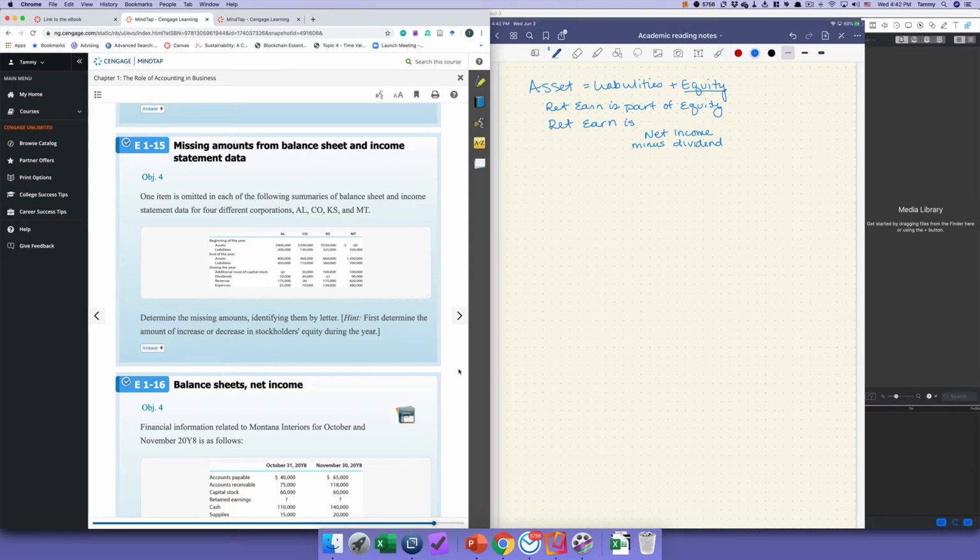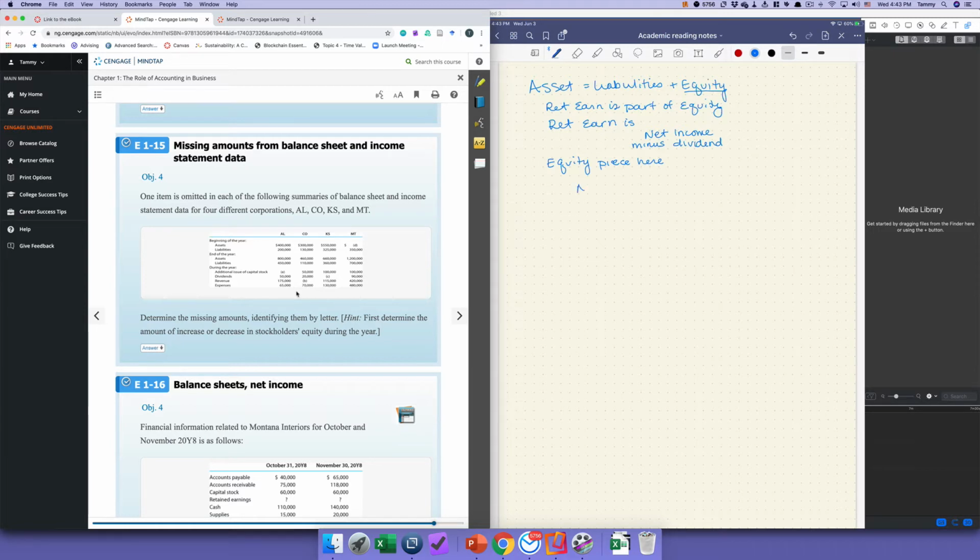So if we look at all these items here, we've got beginning of the year assets and liabilities. We've got end of the year assets and liabilities. And then we have all the equity items, right? Because the equity piece in this example consists of these 4 general categories.